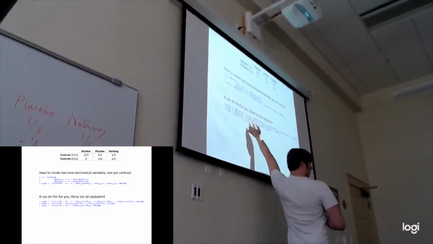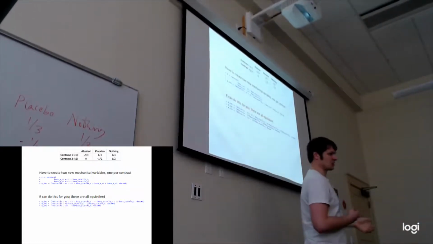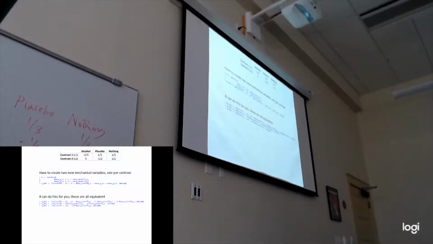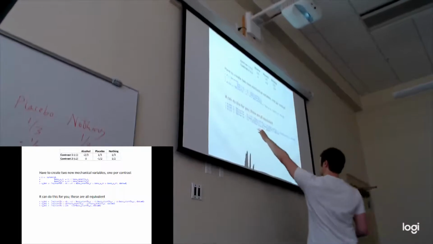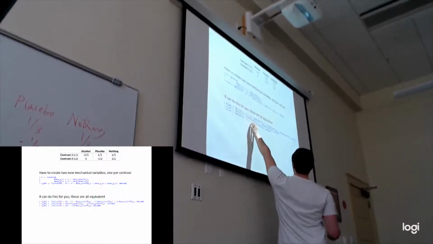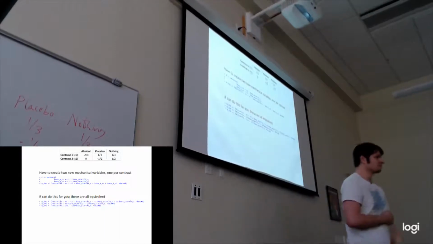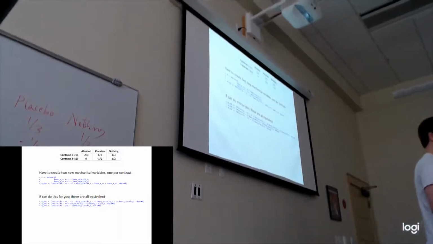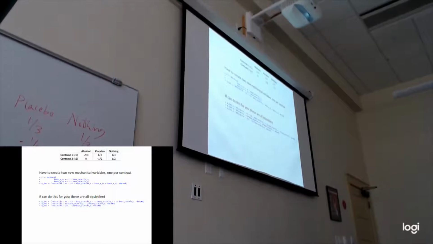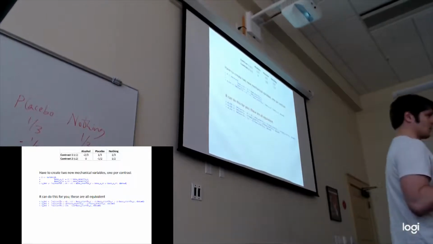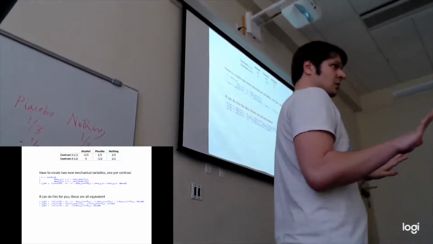You can also use parentheses. Parentheses are basically distributive. That's saying, hey, I want everything in these parentheses to interact with baseline startle. So it just saves a little bit of typing. Everybody clear on how this works?